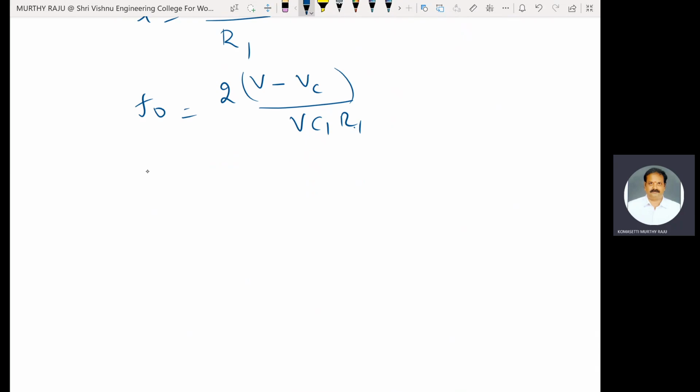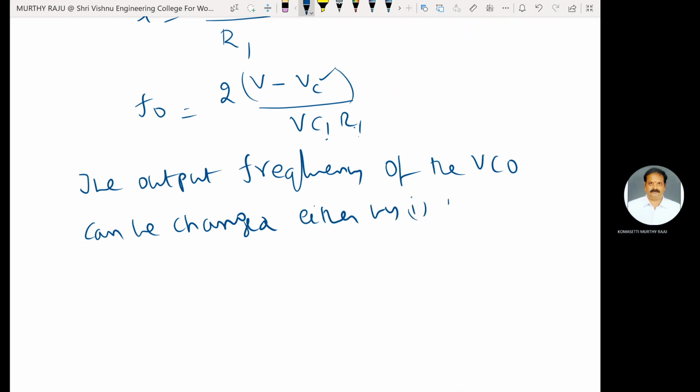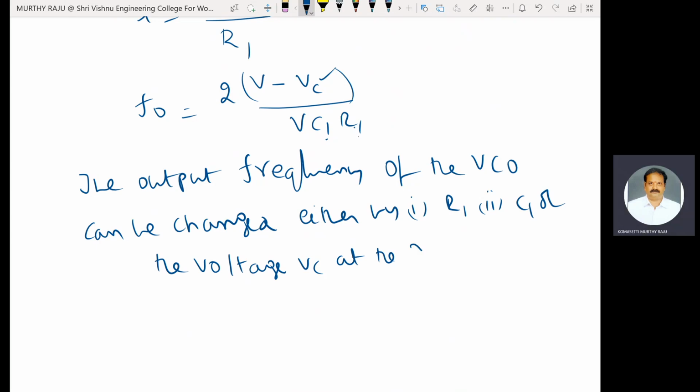Therefore, the output frequency of the VCO can be changed either by R1, C1, or the voltage VC at the modulating input terminal, that is the control voltage.